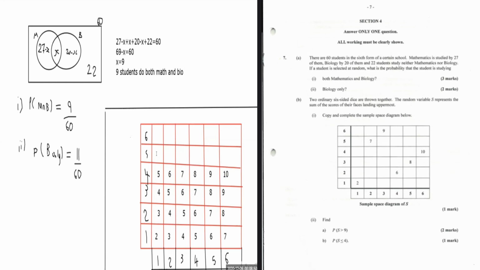Right here, so now is 5 plus 1, 6, 5 plus 2, 7, 5 plus 3, 8, 5 plus 4, 9, 5 plus 5, 10, 5 plus 6, 11. Then up here now it's going to be 6 plus 1, 7, 6 plus 2, 8, 6 plus 3, 9, 6 plus 4, 10, 6 plus 5, 11, 6 plus 6, which is 12. Nice.